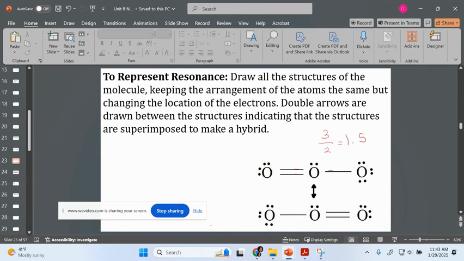So this bond really isn't a double bond. It's more like a 1.5 bond. And this bond isn't really a single bond. It's more like a 1.5 bond, because it's kind of a mashup between the two. It's a mashup between these two options here, and this is a mashup between these two options.